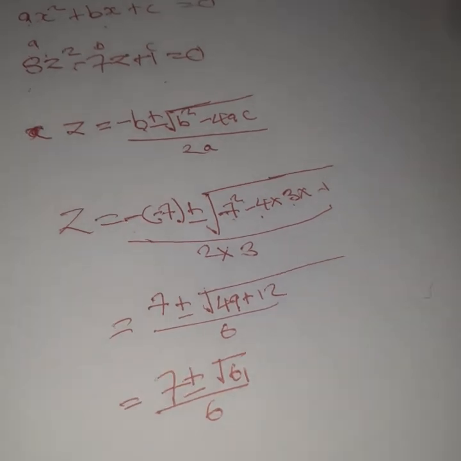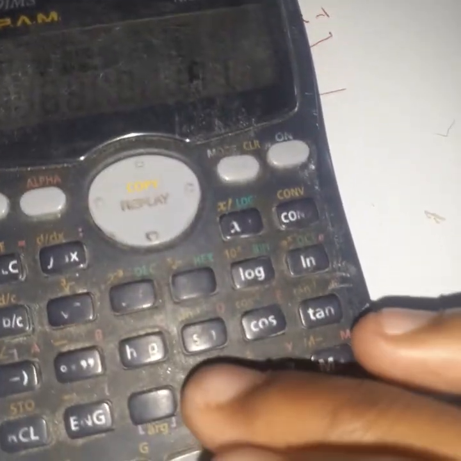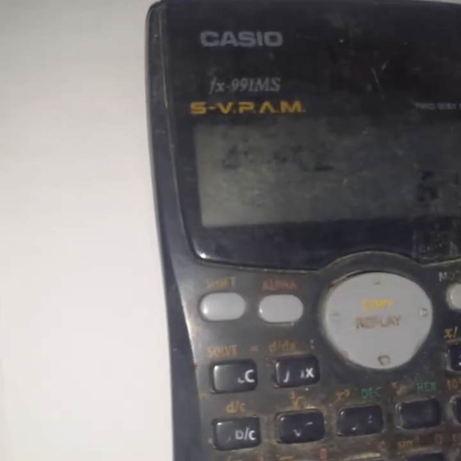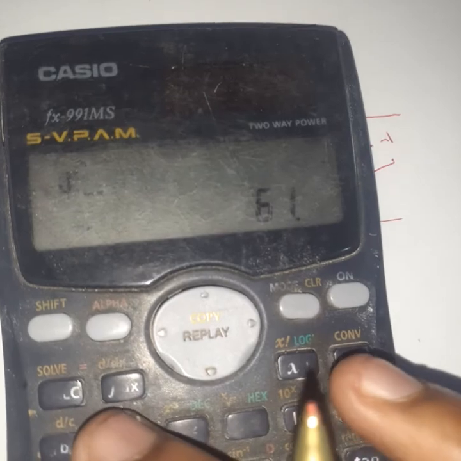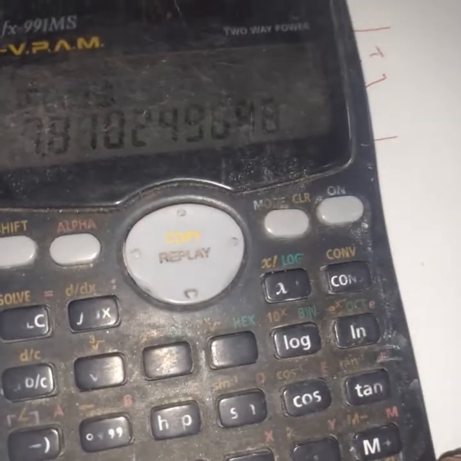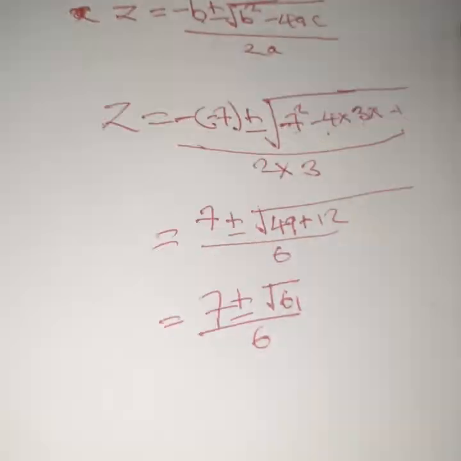So what is the square root of 61? We just use the calculator to find the square root, and you can see that it is equal to 7.8102.